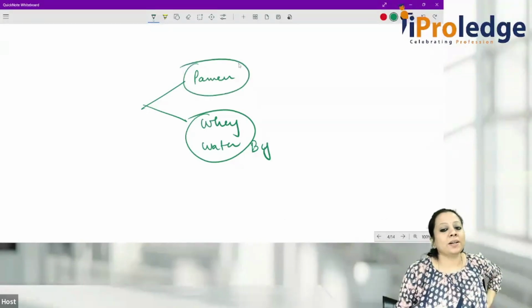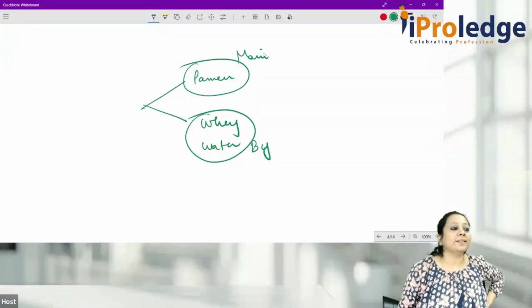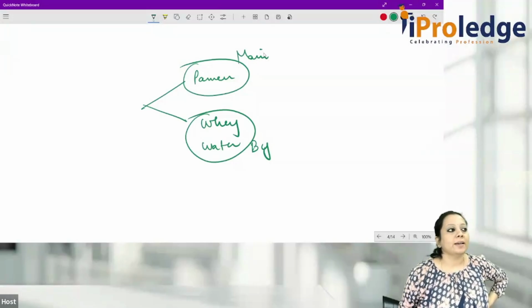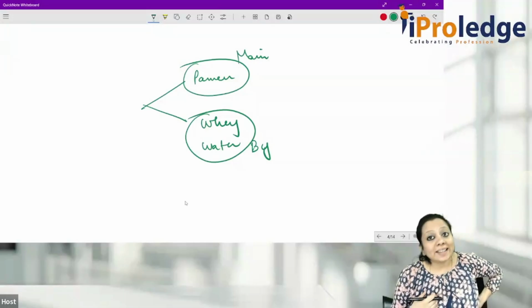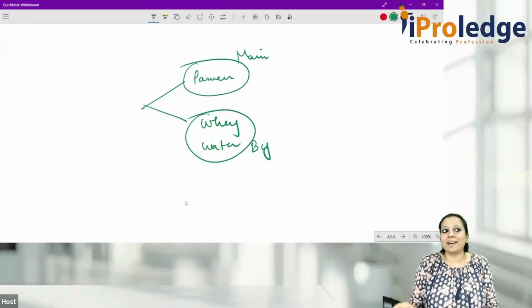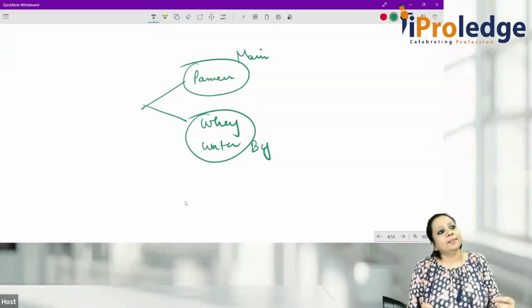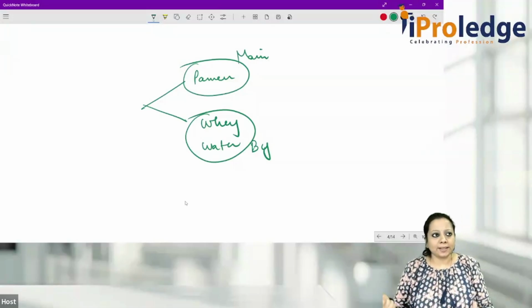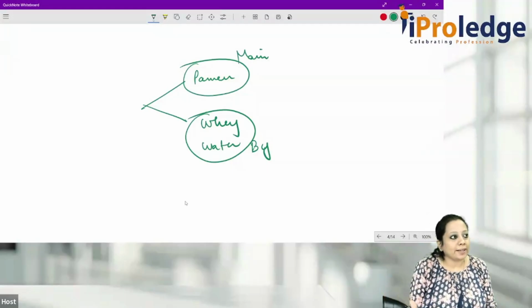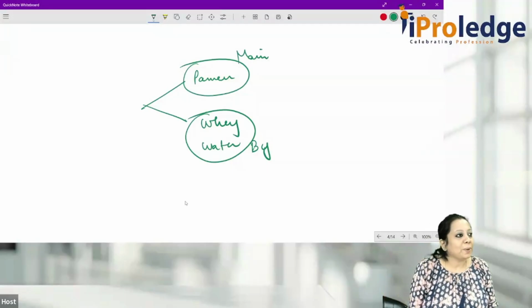The main product is what? Paneer. So to understand the difference between a byproduct and a main product, this is the byproduct where I didn't intend to do. Automatically, that water came off. When I'm curdling the milk, what will happen? The chenna will get separated. That chenna is only called paneer, and then the water will get separated. I hope you all know how to make paneer, isn't it?